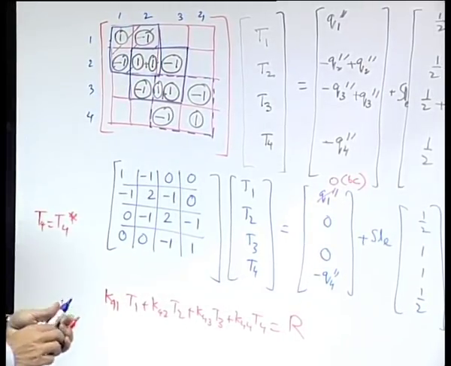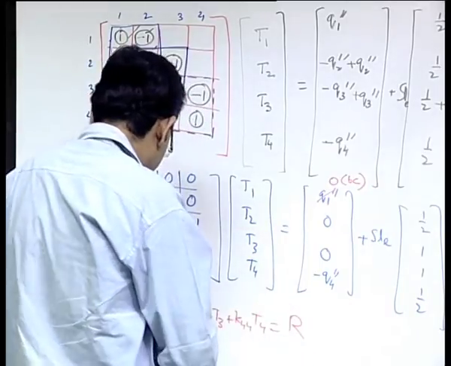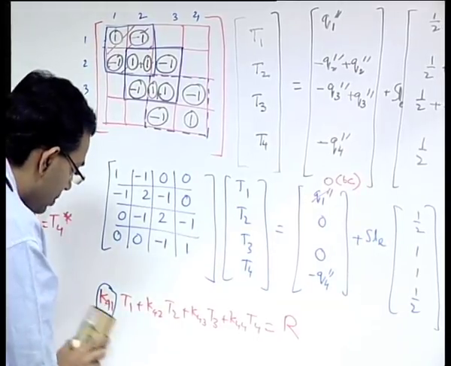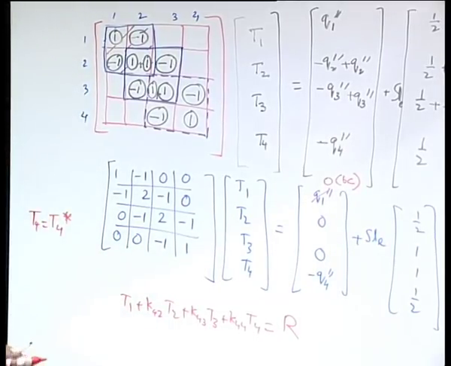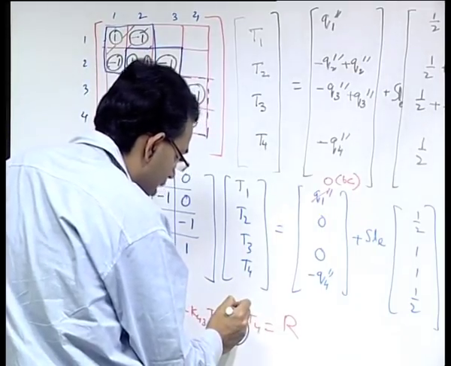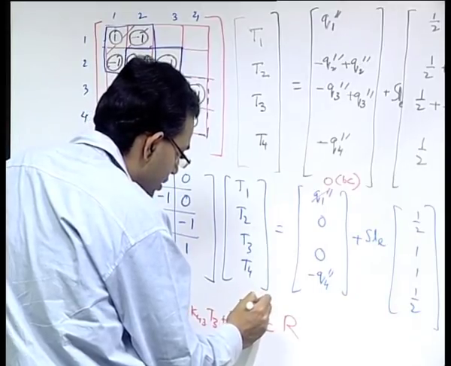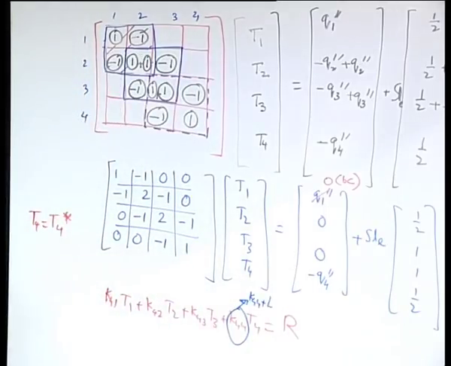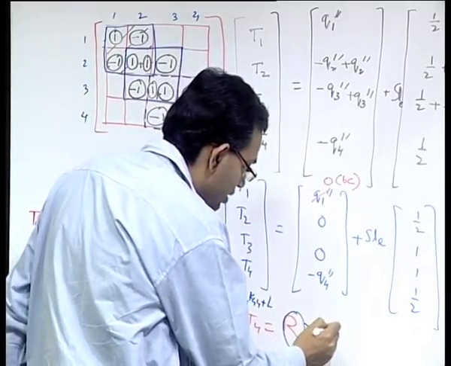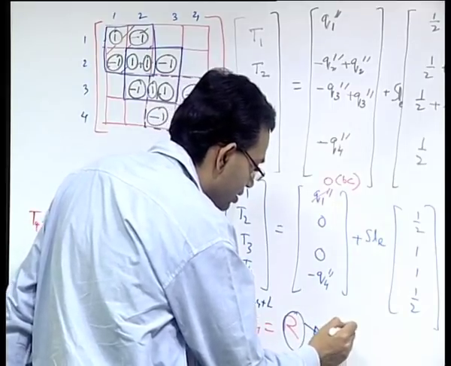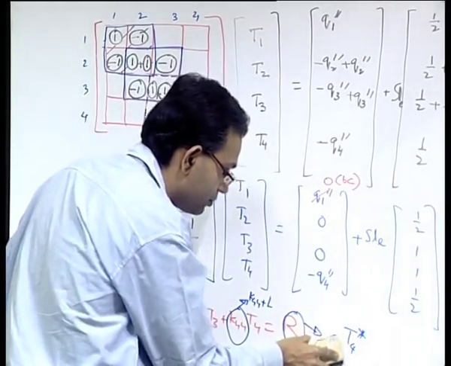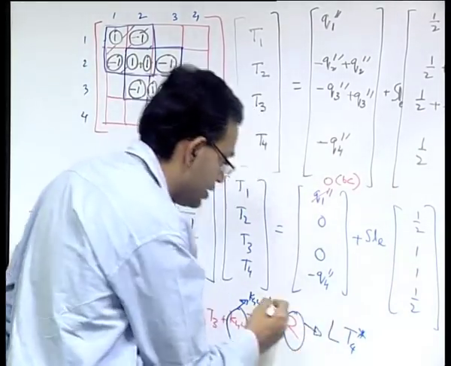What we will do? K41 remains as it is. We will replace K44 by that plus a large number L, and we will replace R with large number into T4 star, the same large number.